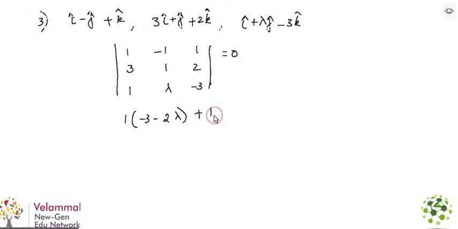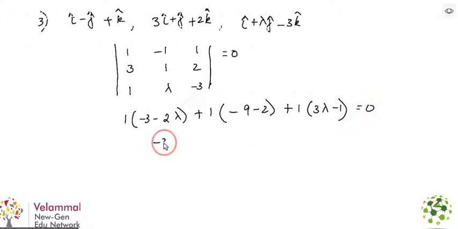Plus 1 into minus 9 minus 2 plus 1 into 3 lambda minus 1. This is 0. Don't skip any step in the exam, for 3 reasons. If you do not skip any step, you will not make any mistake, first thing.